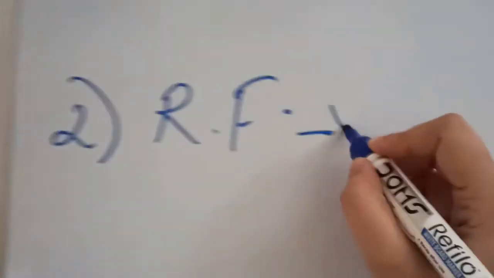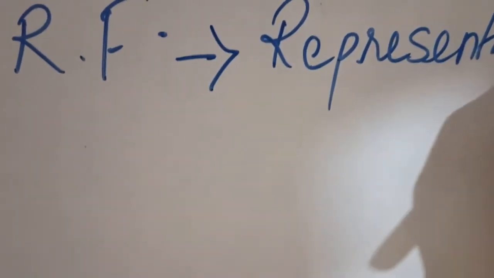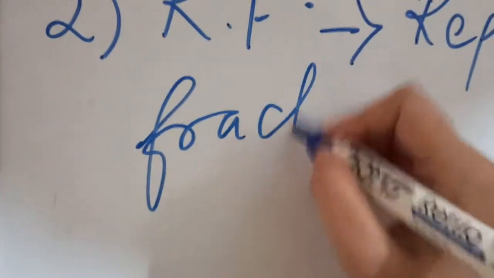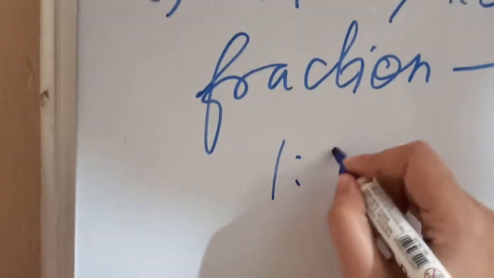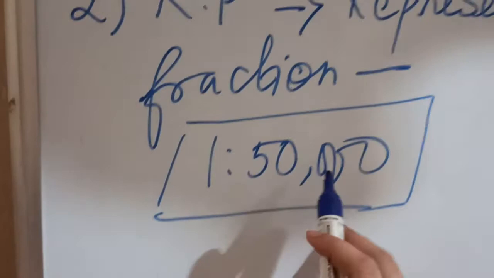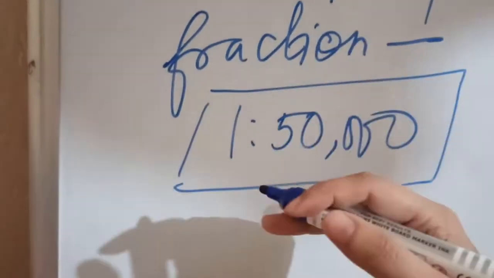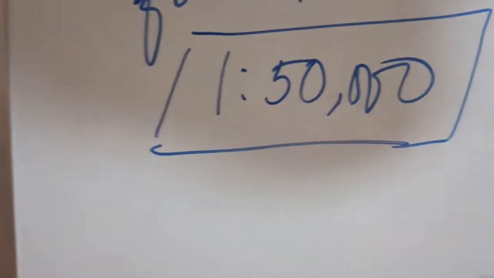Number 2 is RF, or representative fraction. This scale is given in a ratio form, like 1:50,000, where we have to calculate to find out the actual value of the scale.